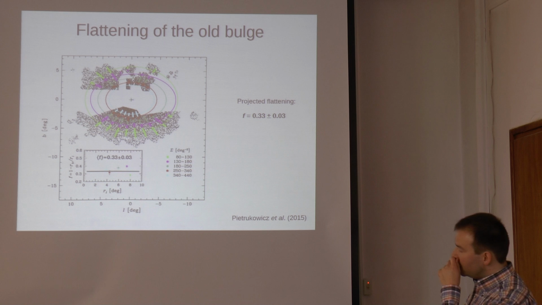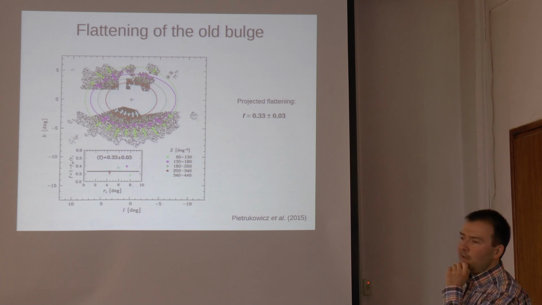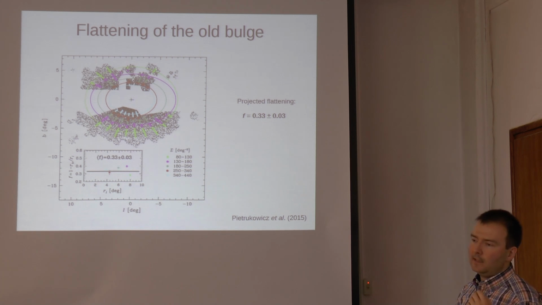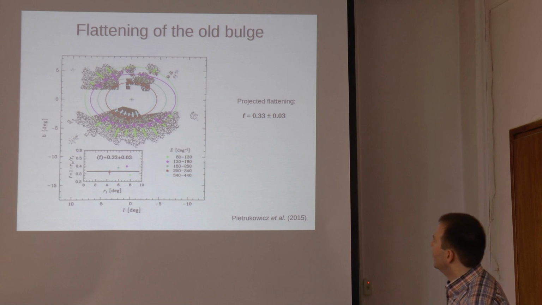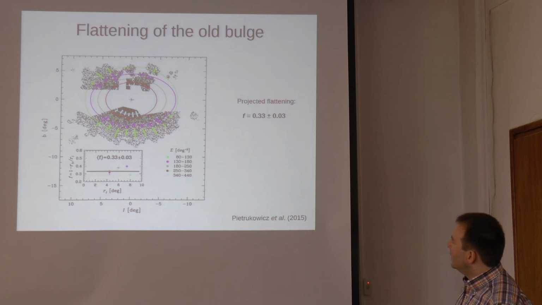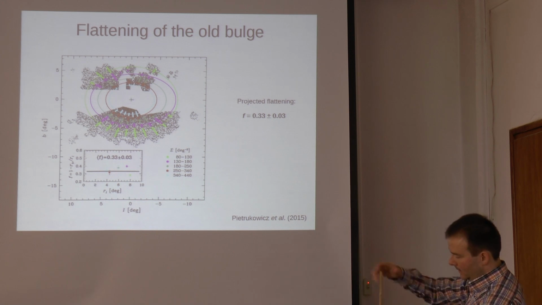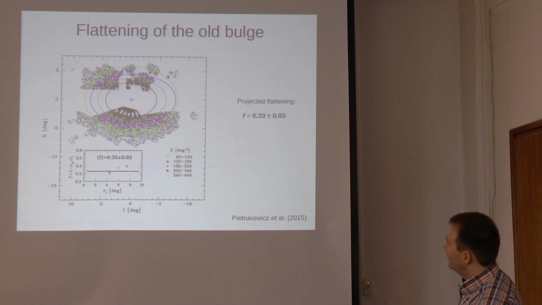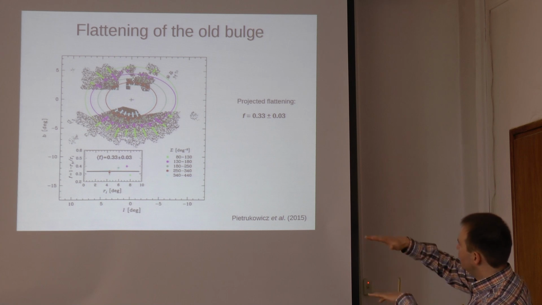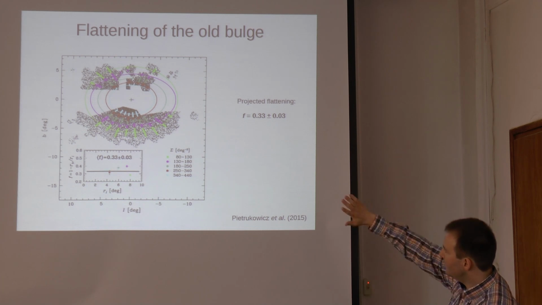So from these stars we can learn something about the early history of our galaxy. I worked on this sample and found that the population of these stars is flattened, just in the sky.